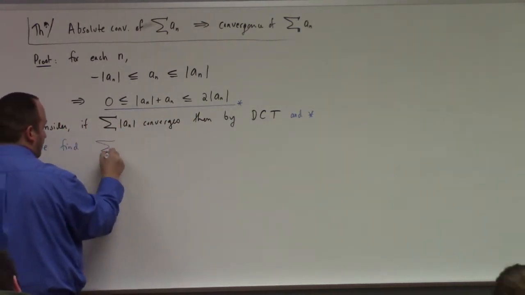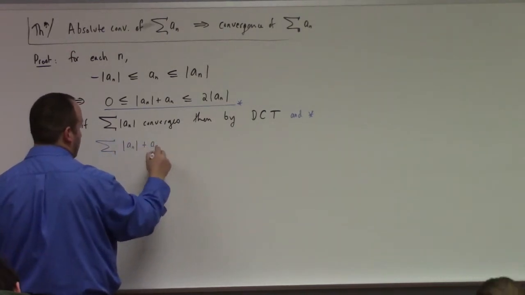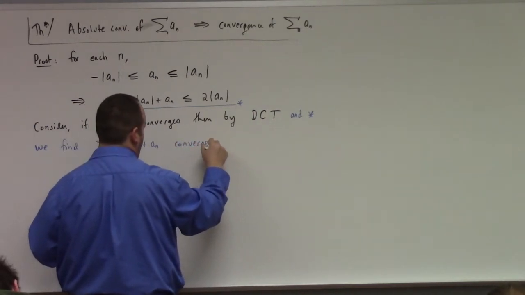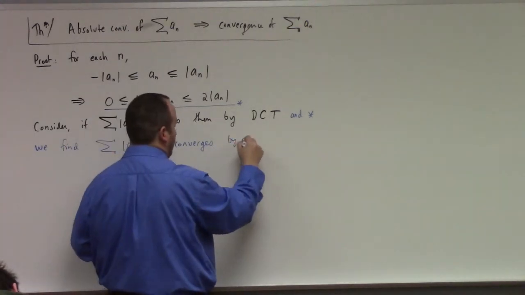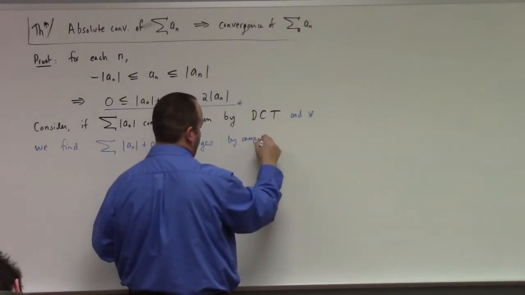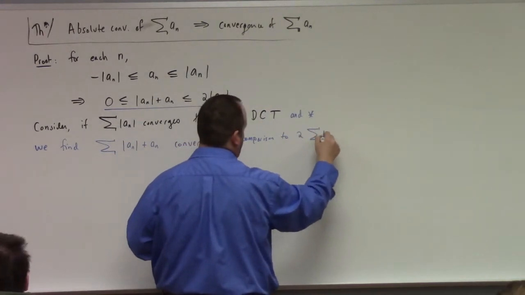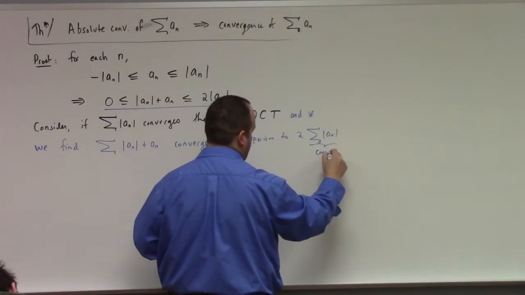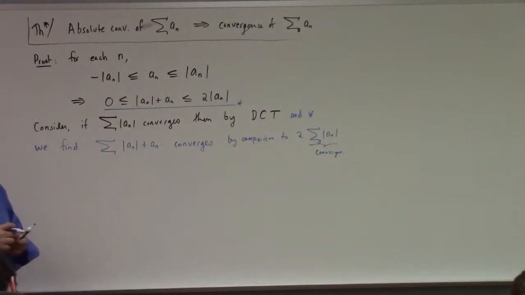That the sum of the absolute value of a sub n plus a sub n converges, right? By comparison to what? 2 times the sum of the absolute value of a sub n, right? And this converges, right? We're assuming that that converges.